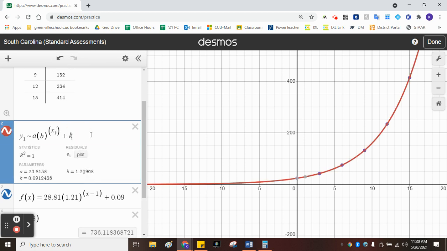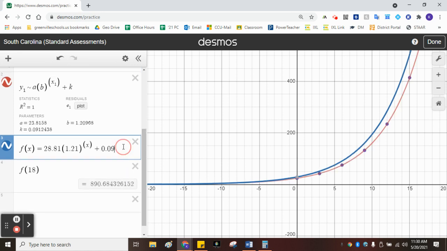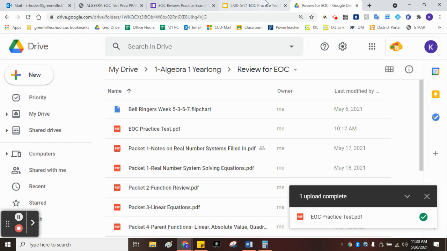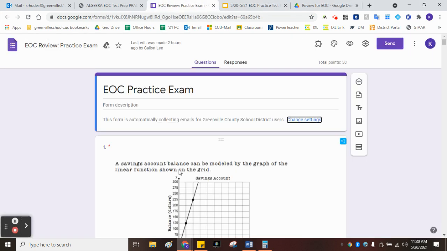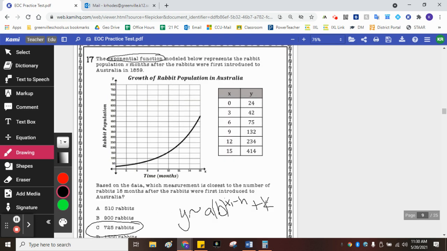Let me see how complicated they wanted it. A, B, yeah.